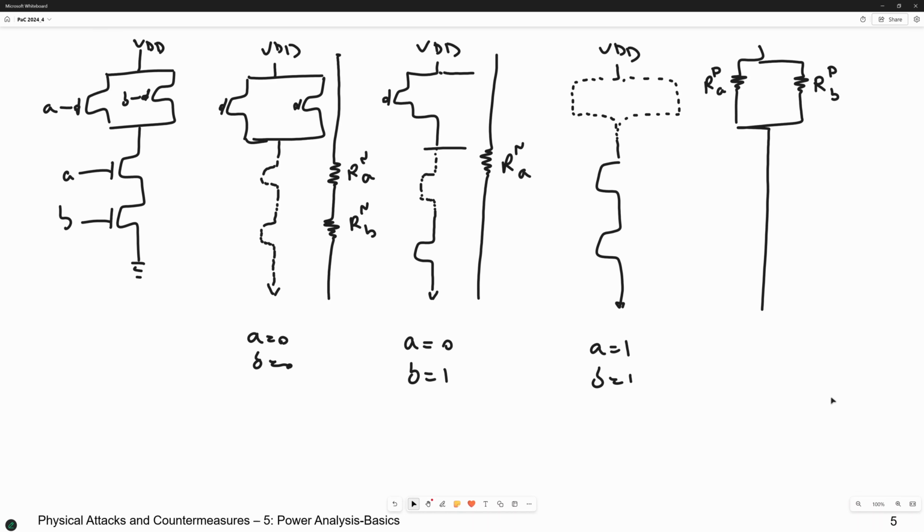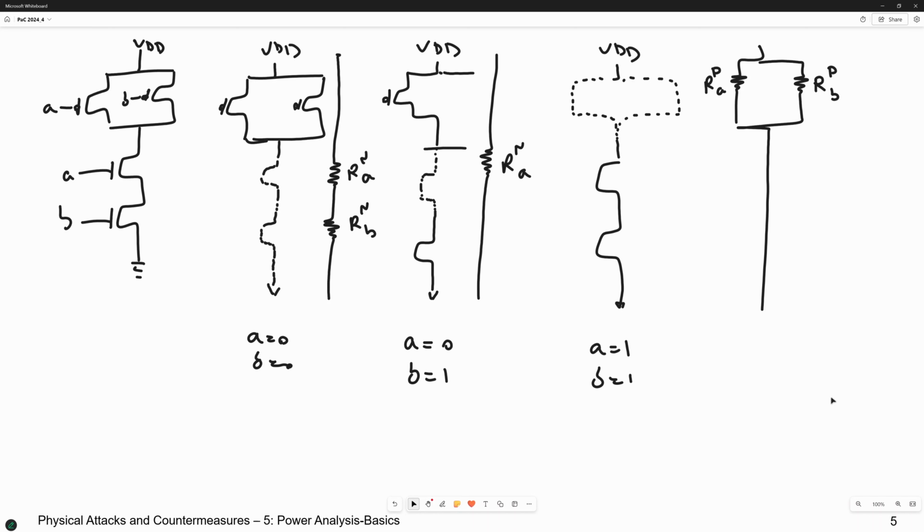Then we see that in different situations for A and B, the amount of current which passes through the transistor, the gate or the circuit is different, depending on the value of A and B. For this, we say that the static power consumption of the circuit is data dependent.